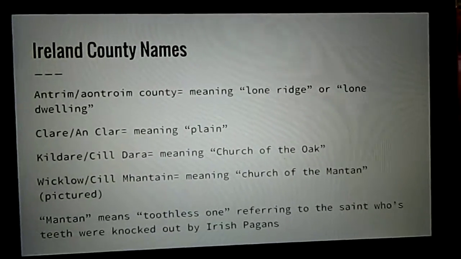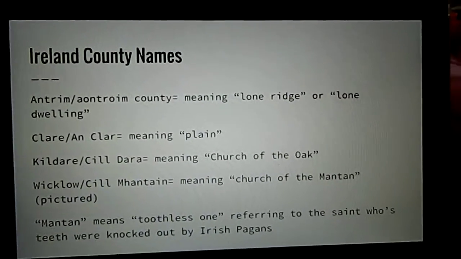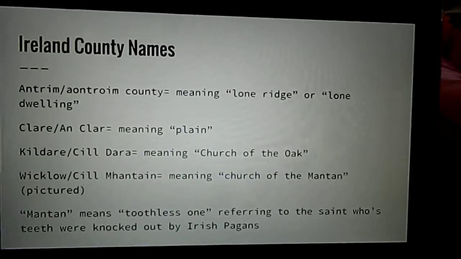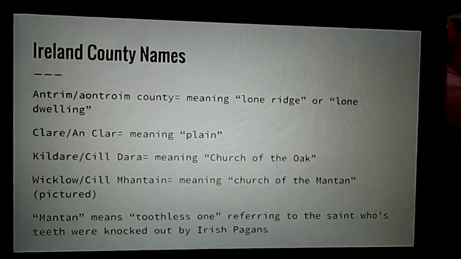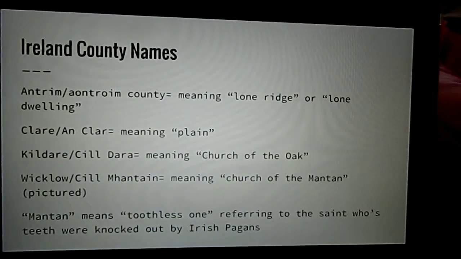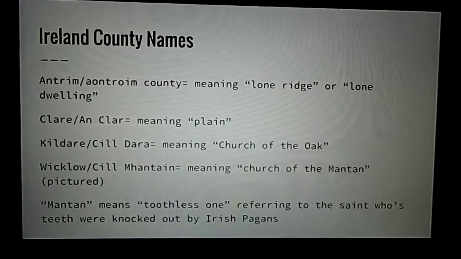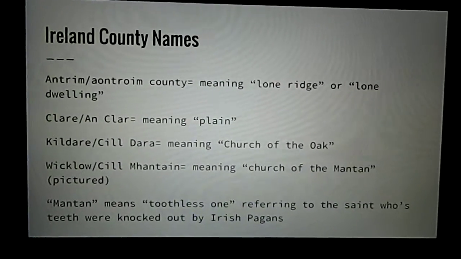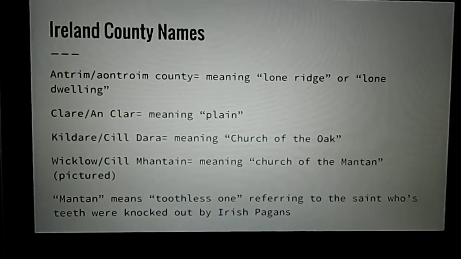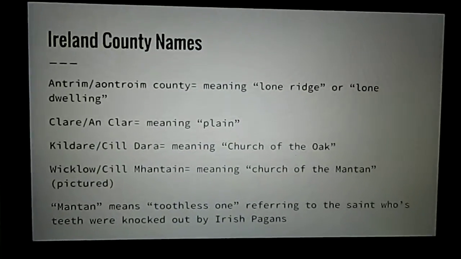Ireland has a lot of oak trees, so you see that in a bunch of different words. Wicklow means Church of the Mantan, and I actually have a picture of that on the next slide. And a funny fact about that, Mantan means toothless one, and it refers to the saint whose teeth were knocked out by Irish pagans in that area.